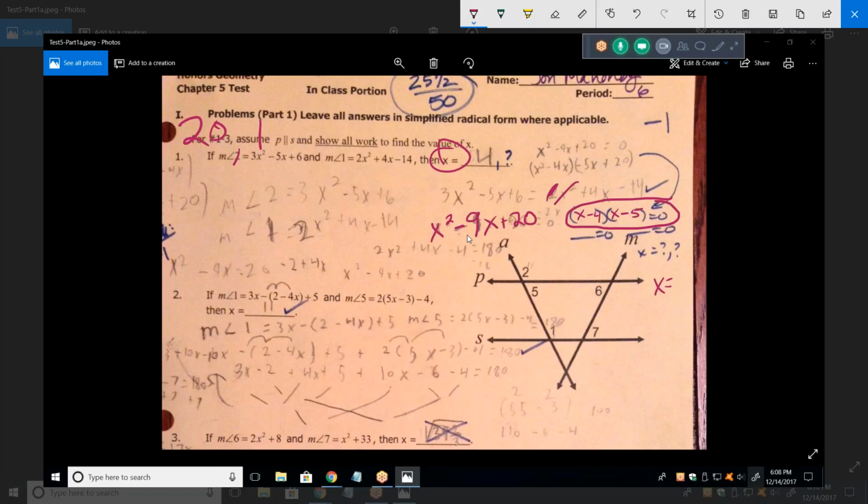So what are the two solutions you get for x? 4 and 5. Which means both solutions probably work. If I plug in x equal 4, I'll bet you that's true. Those are equal to one another. And if I plug in x equal 5, I'll bet you both of those are true.